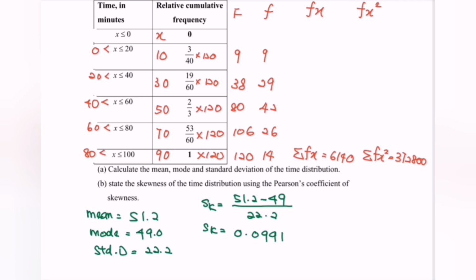Since the value is between negative 0.1 and 0.1, we can say the skewness will be slightly skewed to the right.